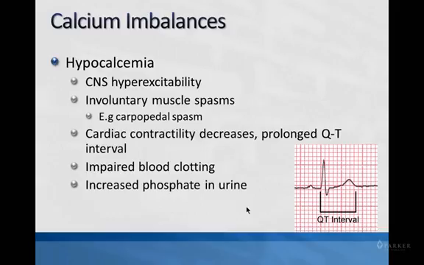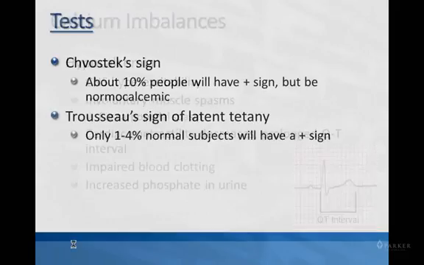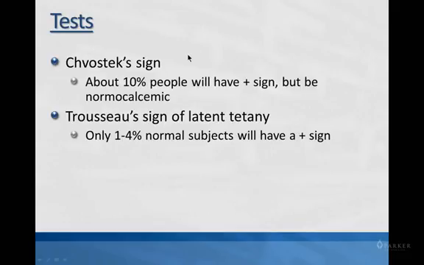What I want to show you is what it looks like with the CNS hyperexcitability and these involuntary muscle spasms. These are a couple of tests that can be used for diagnostic purposes.